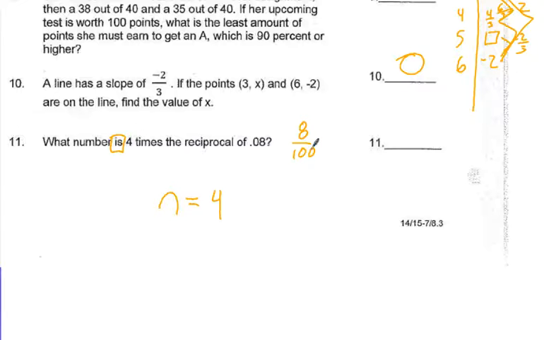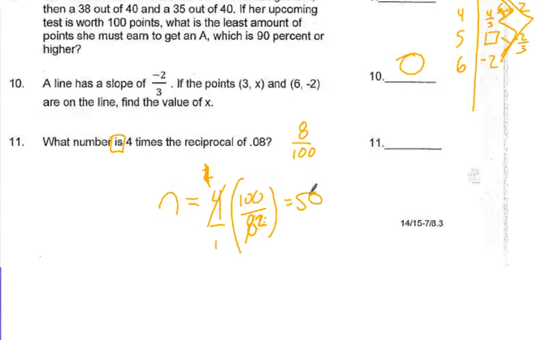So the reciprocal of that is going to be 100 over 8. Well, let's reduce. 4 goes into both of these. 4 goes into 8 twice. So then we have 100 over 2, which is equal to 50.